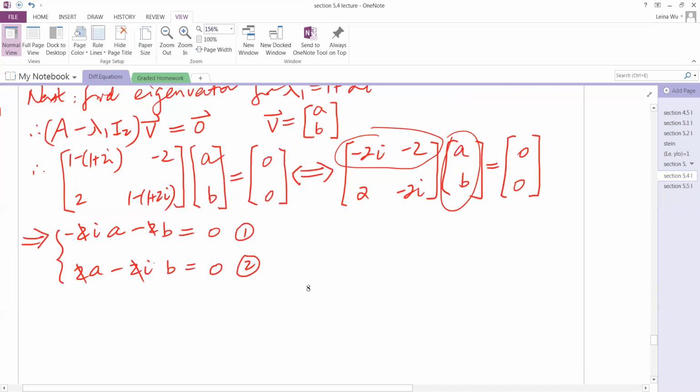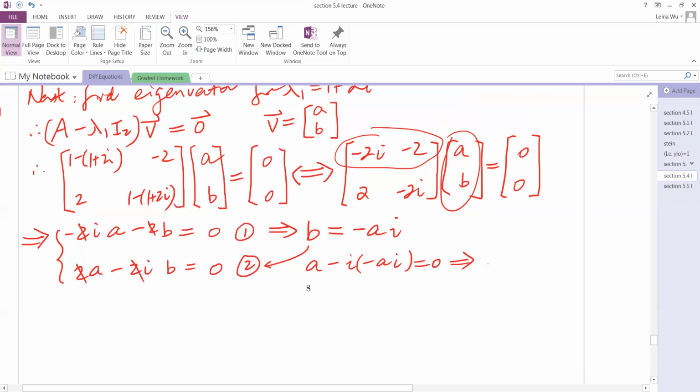Okay, and suppose from equation 1, I can say b equals negative ai, right? Can I put this into equation 2? Yes. And then I would have a minus i times b equals 0.